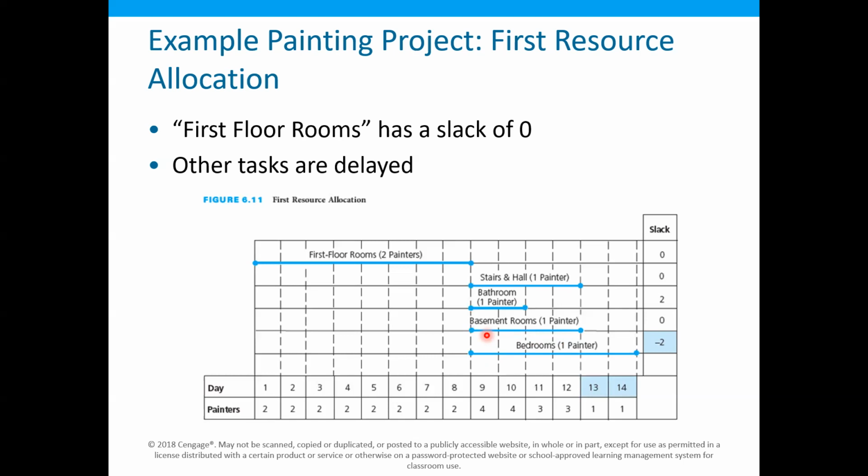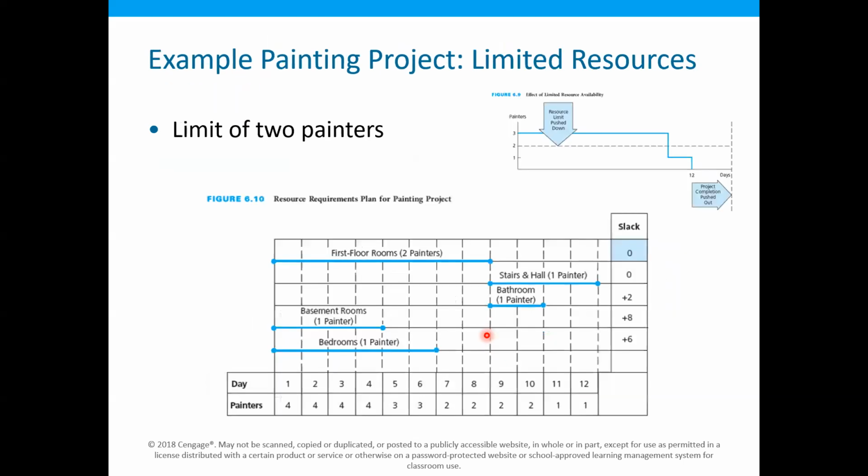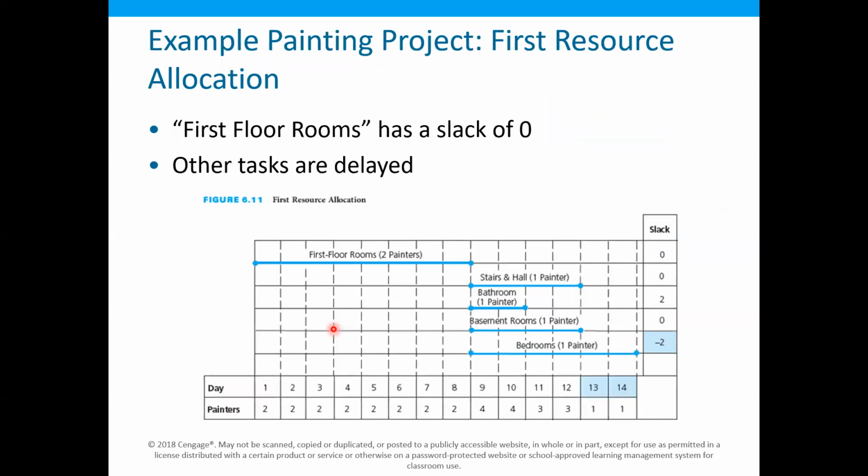But now the slack is 0 because we delayed it by 8 days. So its slack has reduced from +8 to 0. Okay, so here you can see 0 days.